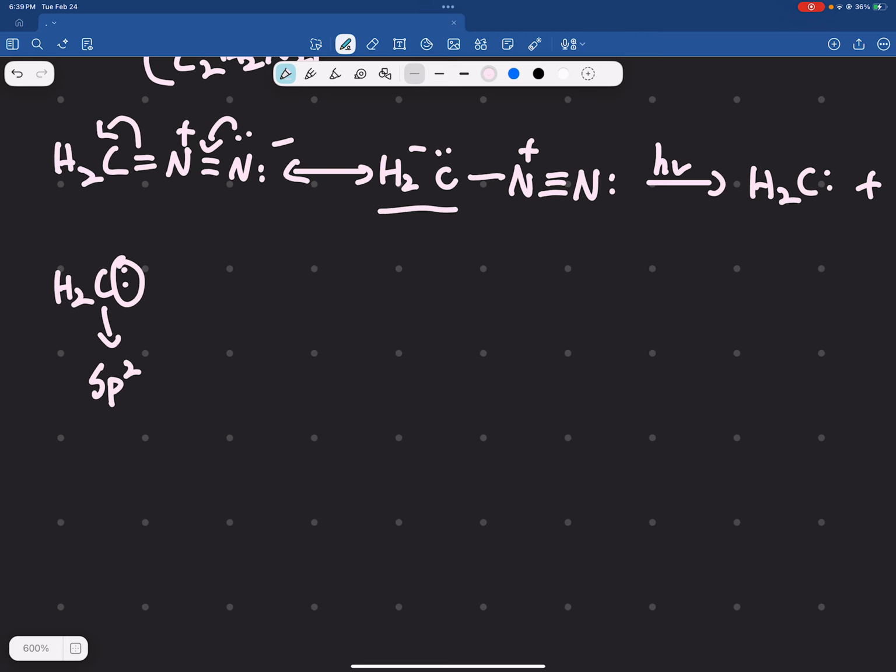But usually carbon is sp2 hybridized with a vacant 2p orbital. Methylene in this electronic state combines features of carbocations and carbanions, in that it has both a vacant p orbital and a lone pair.